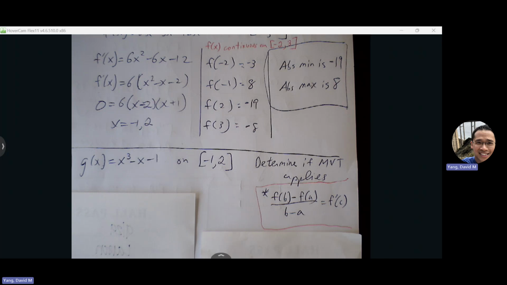You find your endpoints, find the slope between the endpoints. So do this portion first, then find the derivative, set them equal to each other, solve for x. And then your c-value has to live between the endpoints. So if it's on an endpoint, it's not part of the solution set. Our c-value has to be between the two endpoints.